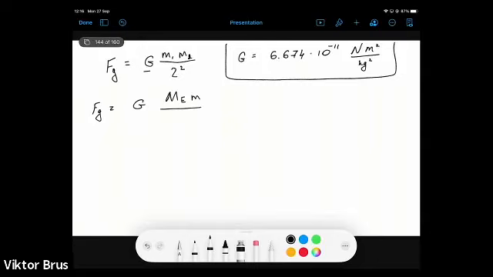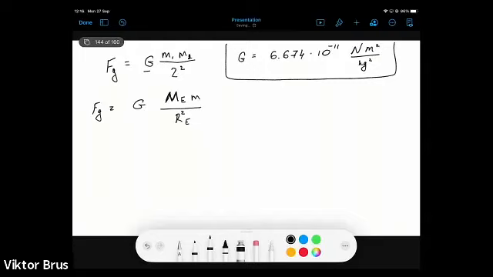And then we consider that this mass of the planet is concentrated in the center of mass, which is in the center of the planet. And here will be the radius of the planet. So this is valid for the force on the surface of the Earth.